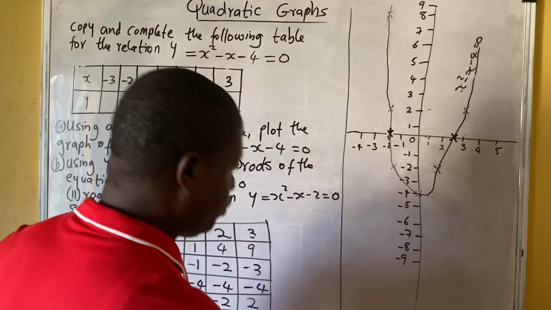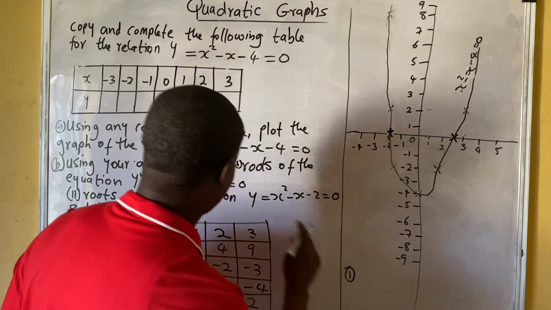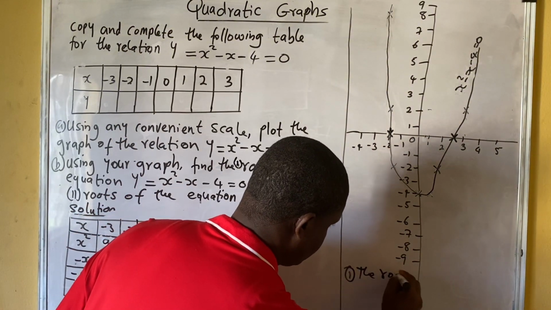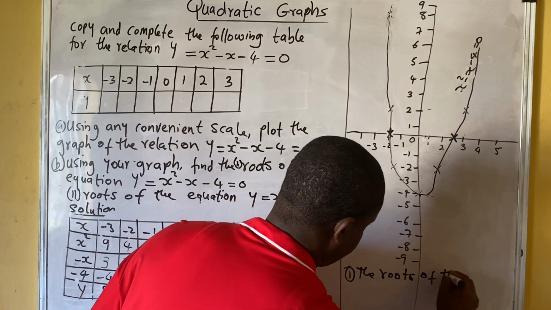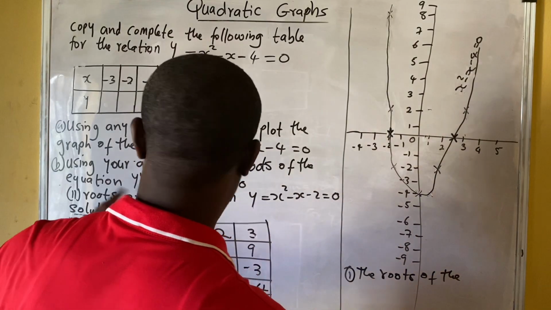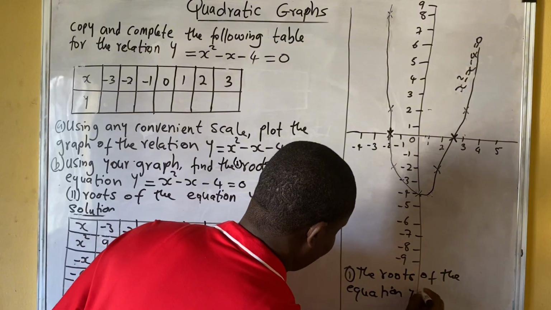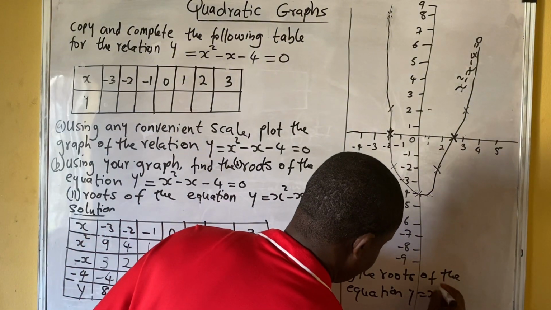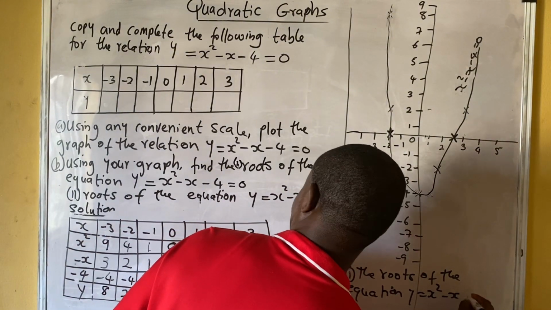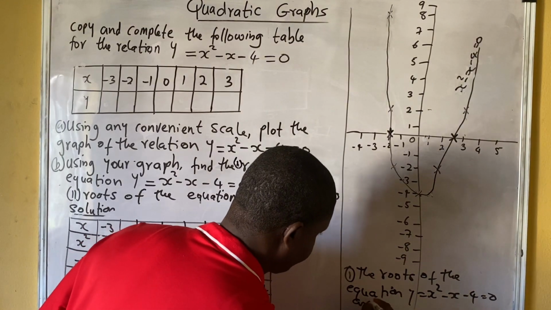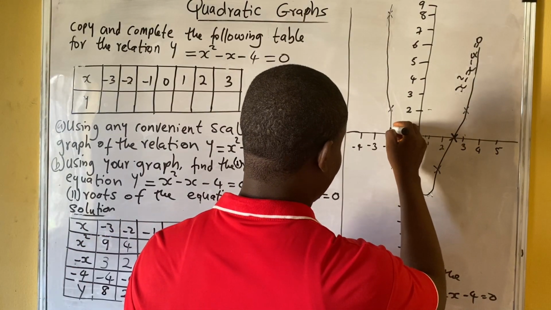So the roots of the equation y equals x squared minus x minus 4 equals 0 are, let me call it point A and point B.